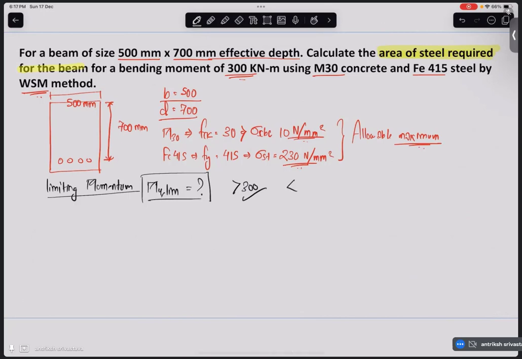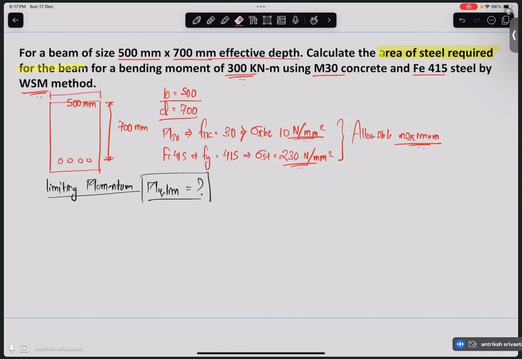If it is less than 300, then we have to go for double reinforced beam. But in case they are not specifically asking about the area of the reinforcement that has to be provided on the compression side, then you don't go for double reinforcement, you have to go for single reinforcement only. So let us see.